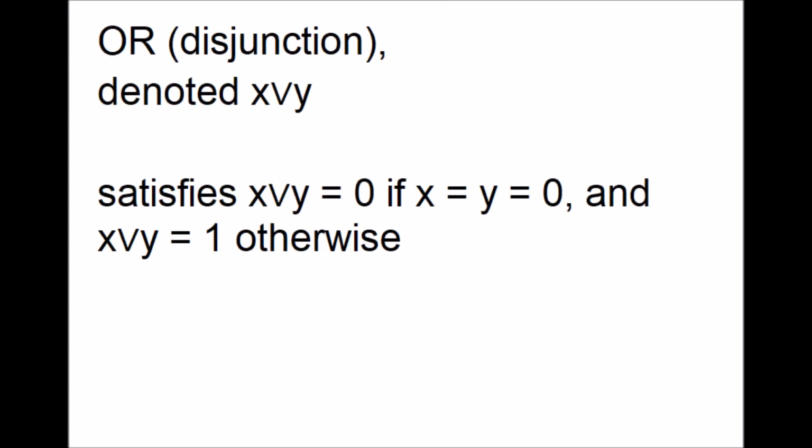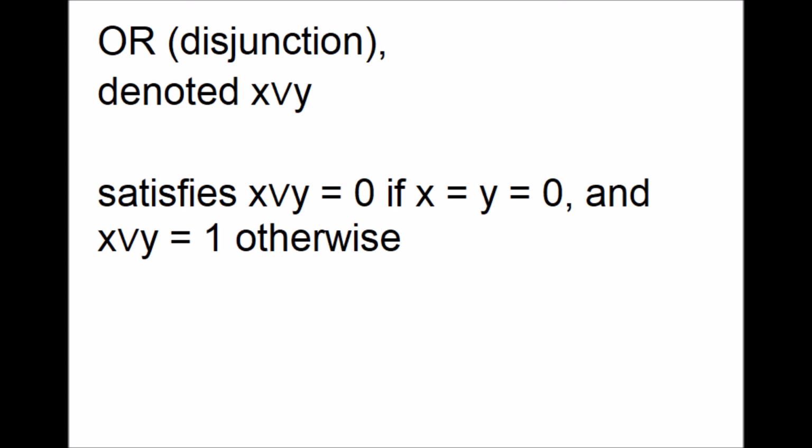Now let's discuss OR, disjunction. It is denoted by this symbol, and it satisfies x or y equals 0 if x equals y equals 0, and x or y equals 1 otherwise.